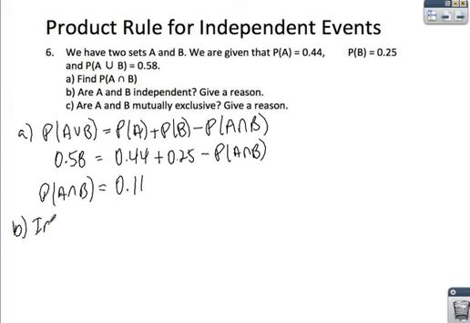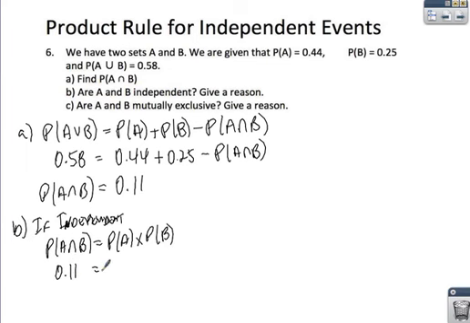If they are independent, the product rule for independence will be true, and it will give you the same value as you found in part A. So P(A and B) must equal P(A) times P(B), and P(A and B) is 0.11, the probability of A is 0.44, the probability of B is 0.25, and if those are multiplied, you will find that they are equal.